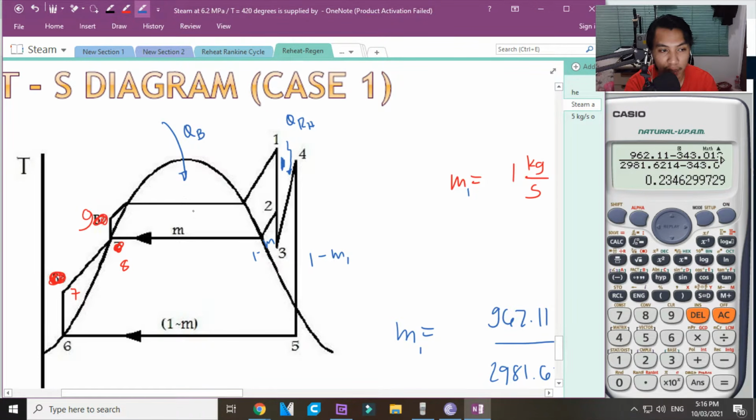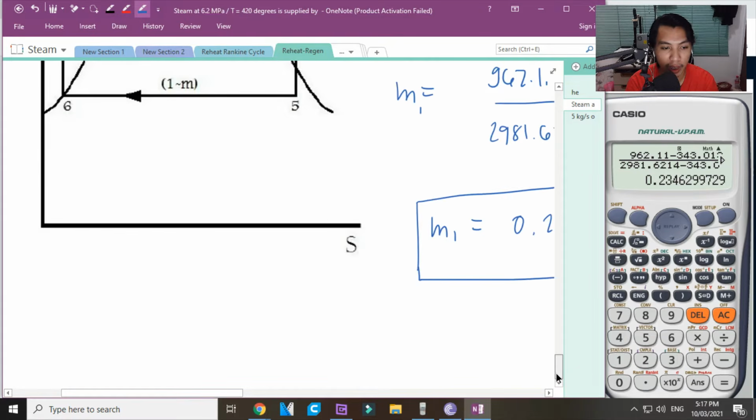O ngayon, lahat ng papasok, lahat ng palabas. Okay. Ito palabas, ito papasok. Yung 9 mo. Okay. So, tignan natin. So, for QA, QA total. Basihan natin si TS diagram. Oh, Q of the boiler. Ang pumasok is yung 1 kilogram per second.